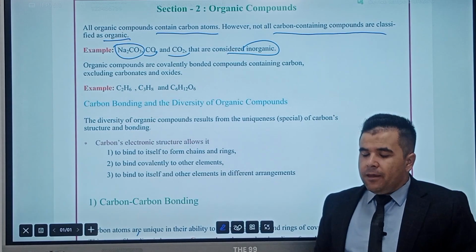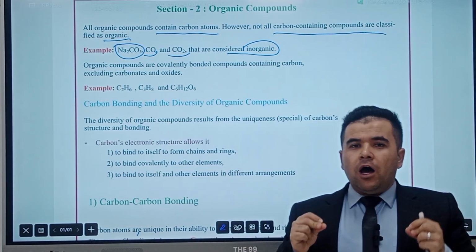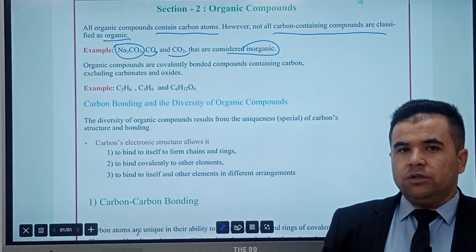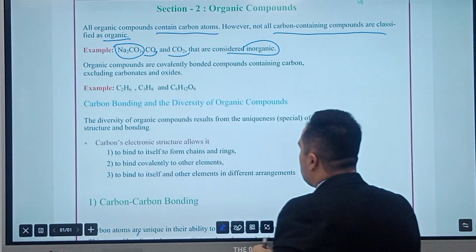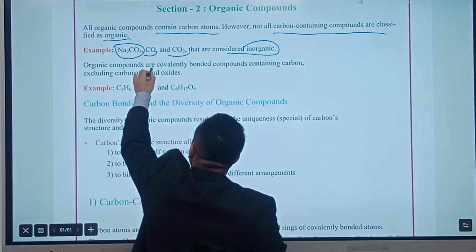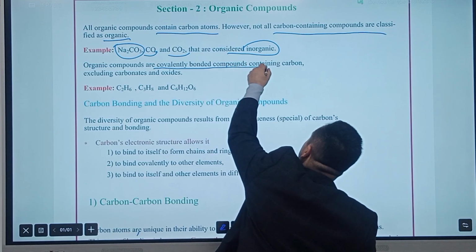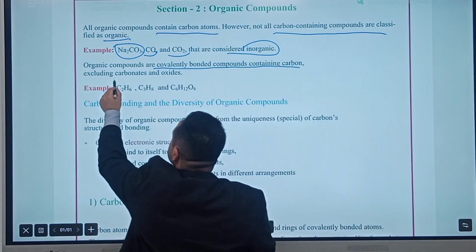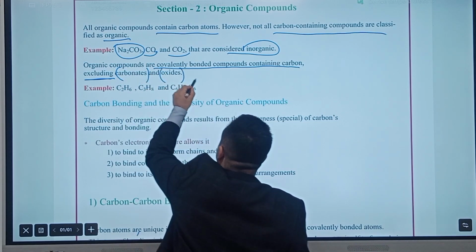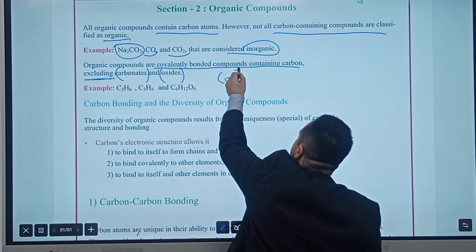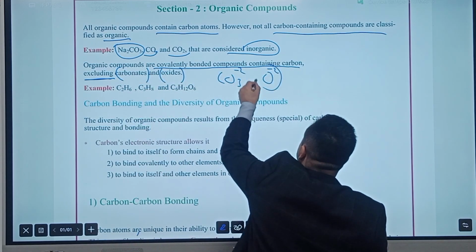So we can say all carbon-containing compounds except the carbonates and oxides are organic. All organic compounds are covalently bonded carbon-containing compounds, excluding the carbonates and the oxides.